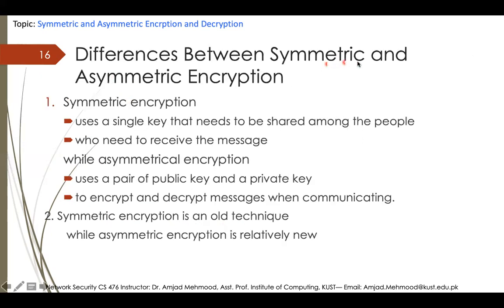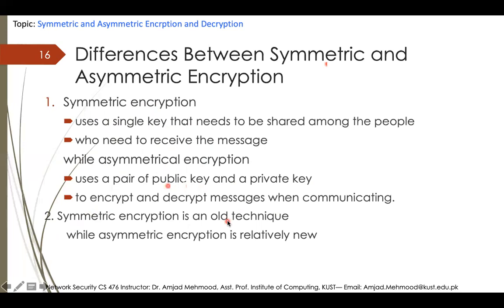Now, these are the differences between symmetric and asymmetric encryption. Symmetric encryption uses a single key that needs to be shared among the people who need to receive the message, while asymmetric encryption uses a pair of a public key and a private key to encrypt and decrypt messages when communicating.